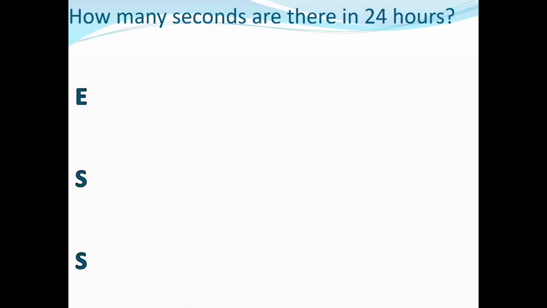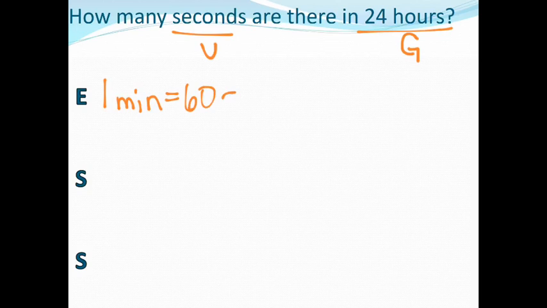So just framing that question, evidently I've got 24 hours and I'm trying to figure out how many seconds there are in that. And so I need to come up with some equations, and you should know some basic things about time that can let you write some unit equations here. So if I want to get to seconds, what I know about seconds is that in 1 minute there are 60 seconds.